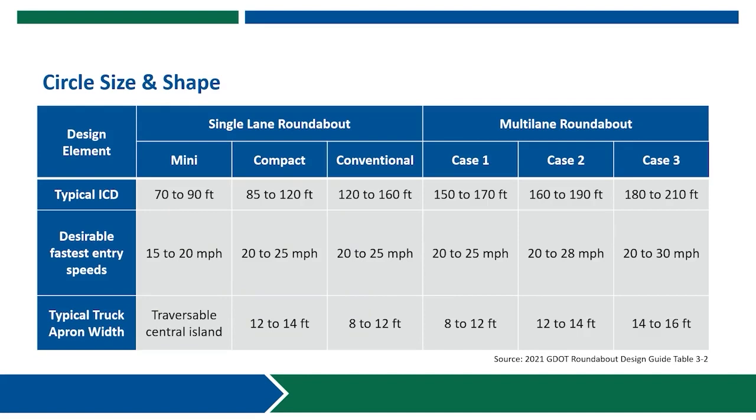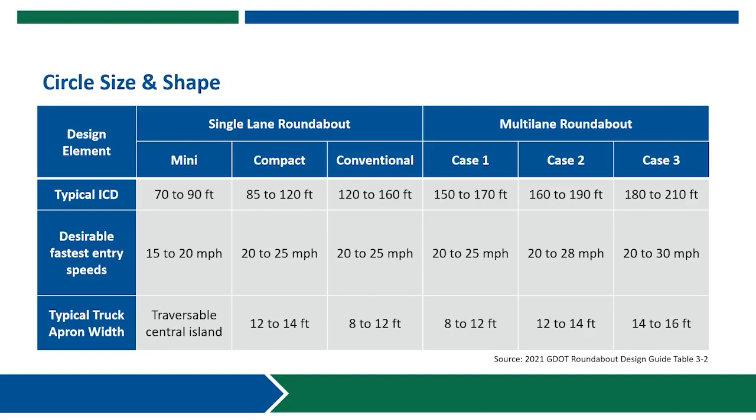For 90-degree intersections that need to accommodate a larger design vehicle for every movement, for instance, at a state-to-state intersection, a good range for the ICD is 130 to 150 feet. In situations with more than 4 legs or skewed intersection angles, larger ICDs or different circle shapes may be necessary.